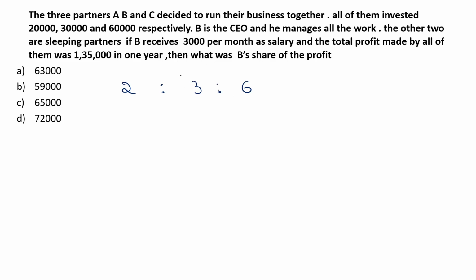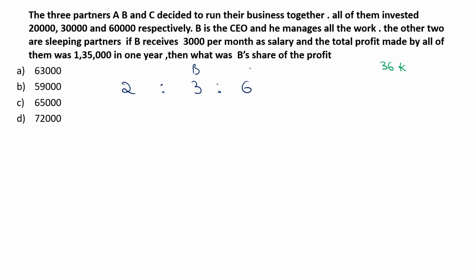B is the CEO and he manages the business. For managing the business, B can expect some salary, and that salary is 3,000 per month. That means the salary of B per year would be 36,000.